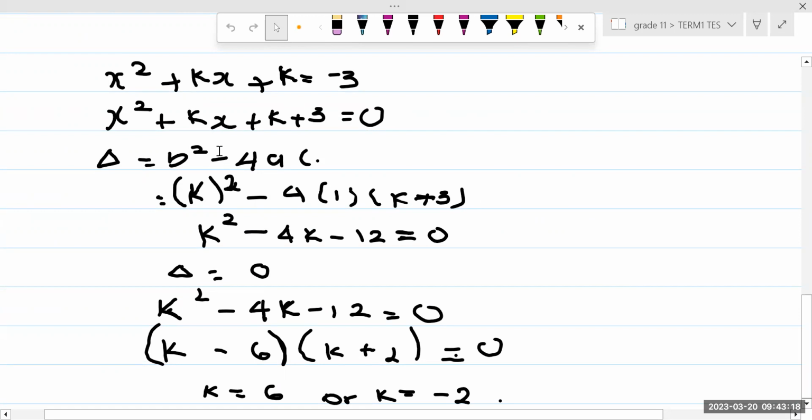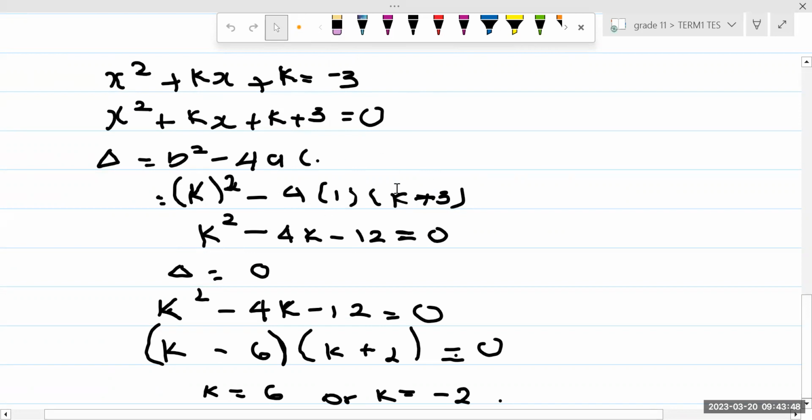x squared plus kx plus k plus 2 is negative. And then b is k, in standard form.